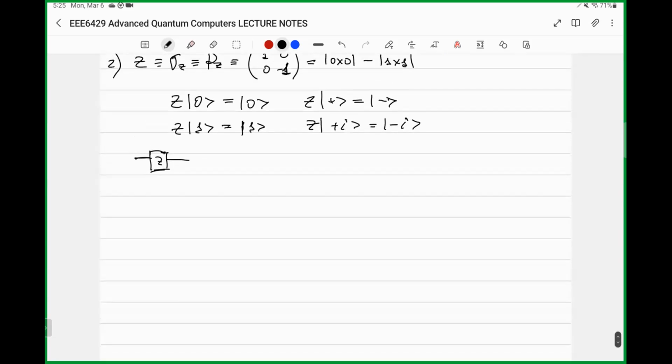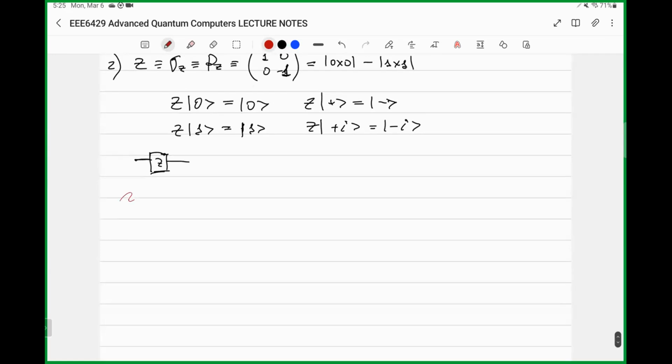Next is the gate Y, also known as sigma y or P y, represented by the matrix 0, minus i, i, 0.